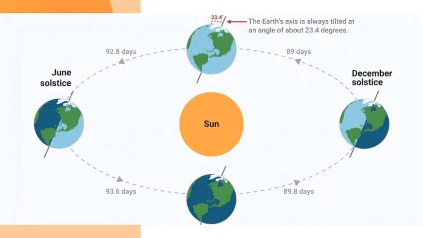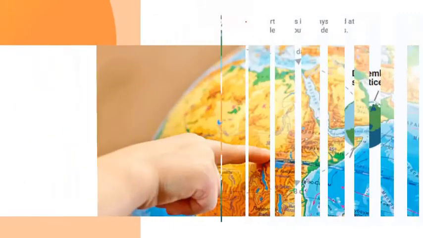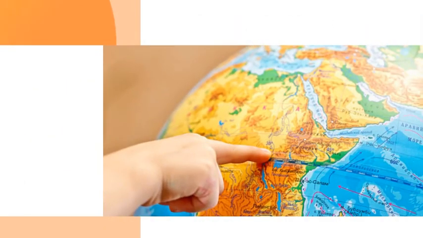This produces a centrifugal force at the equator that decreases as you progress towards the poles. Because of this, at the equator, atmospheric air pressure is generally low. That is why we have the equatorial low pressure belt, while it is high at the polar regions. Thus, we have the polar high pressure belts.